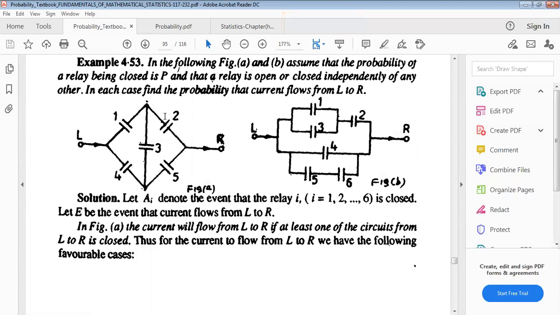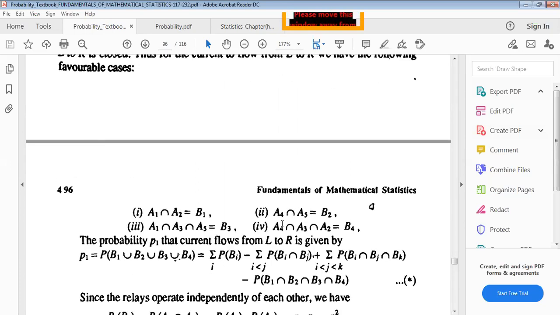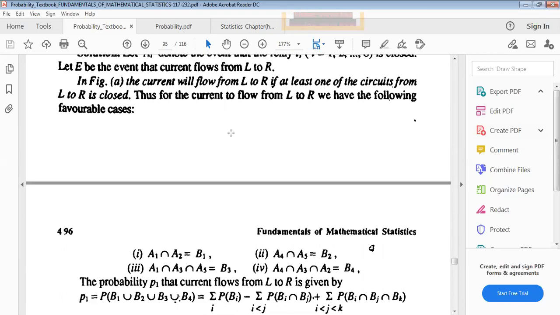This one, A1 A2, from this relay A1 A2. Then A4 A5. This is another way. One way is A1 A2 from L to R, and another way is A4 A5, right?